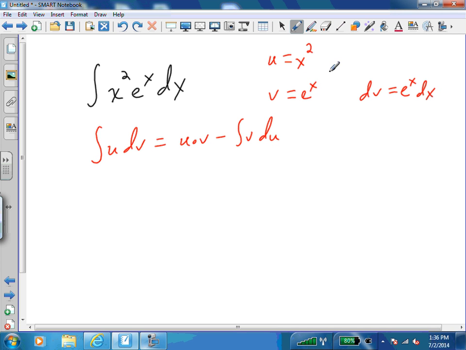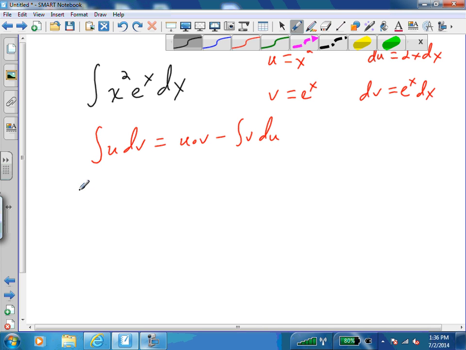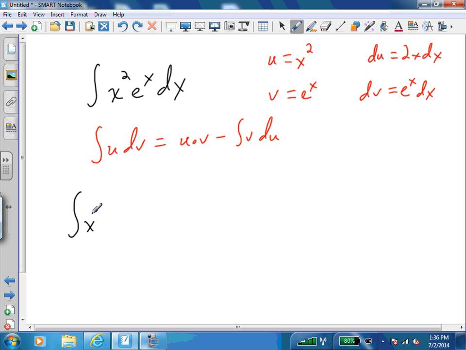E to the x. And what's du? 2x dx. So our integral we can rewrite as x squared e to the x minus the integral of e to the x times 2x dx.